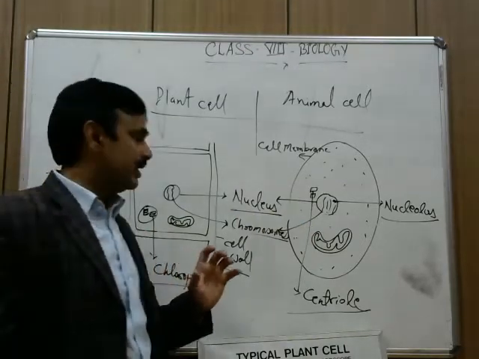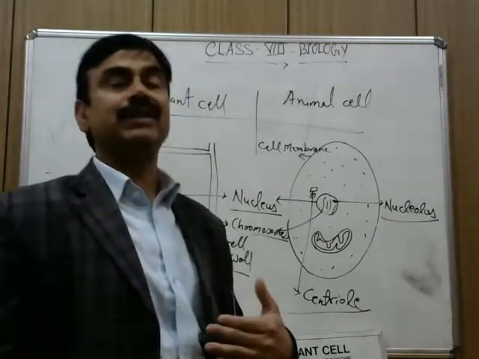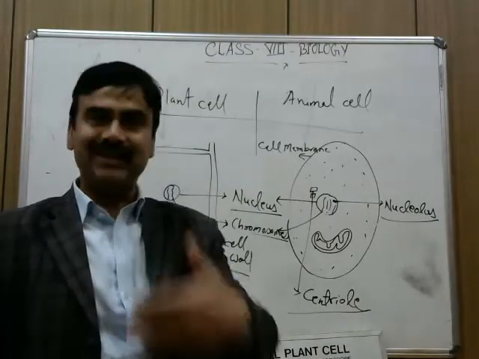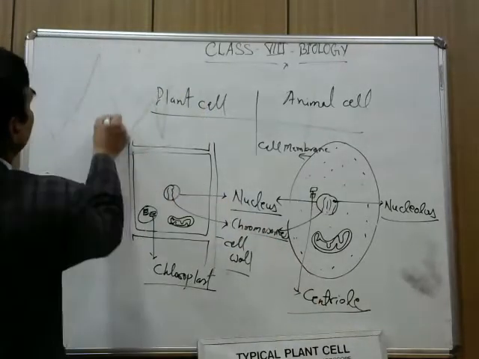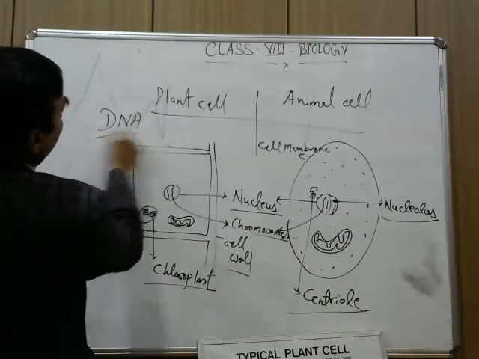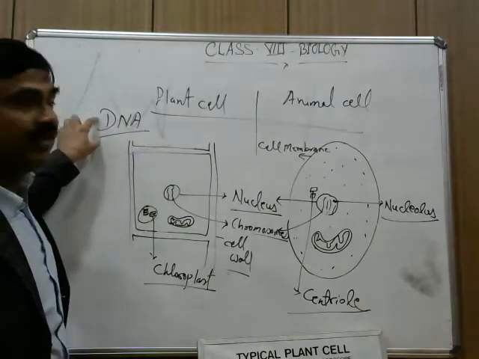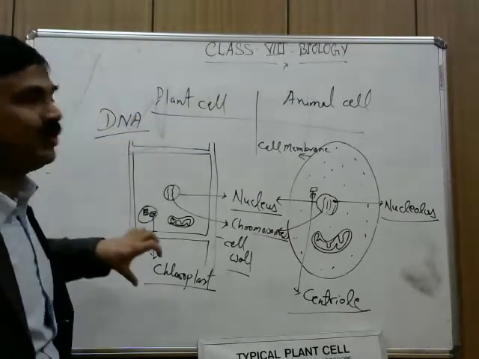Both chloroplast and mitochondria play a vital role, and both are cell organelles which have their own genetic material. You have to see the DNA, deoxyribonucleic acid. D stands for deoxy, N for nucleic, A for acid: deoxyribonucleic acid.